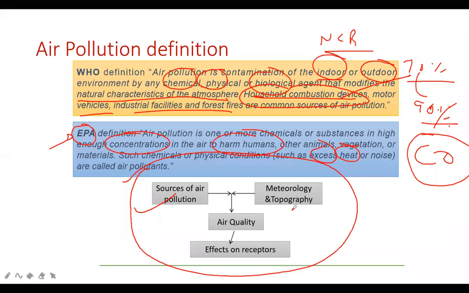Meteorological parameters means wind speed, wind direction, precipitation, pressure, all these things. All of these affect the dispersion of the pollutant.